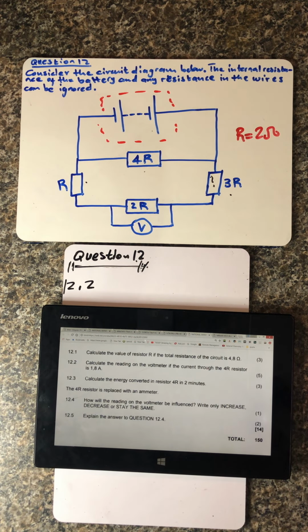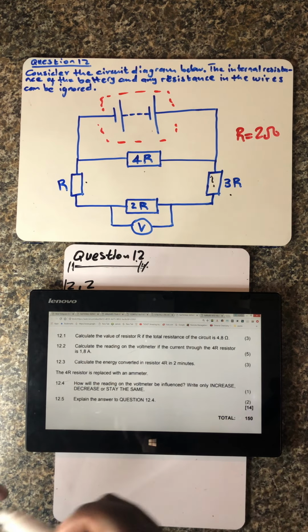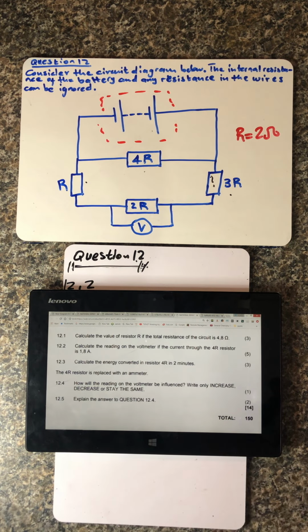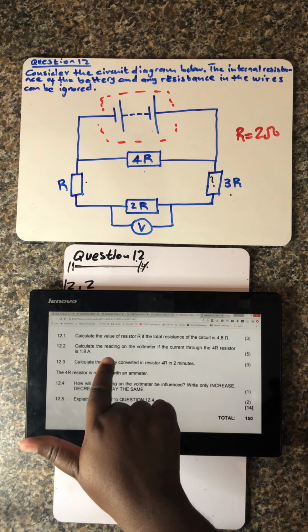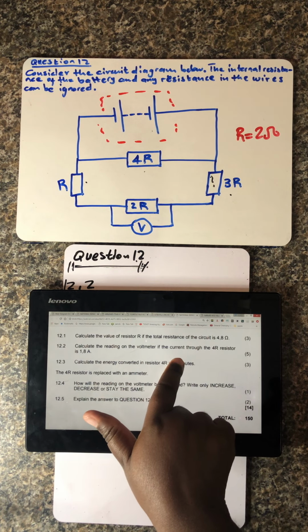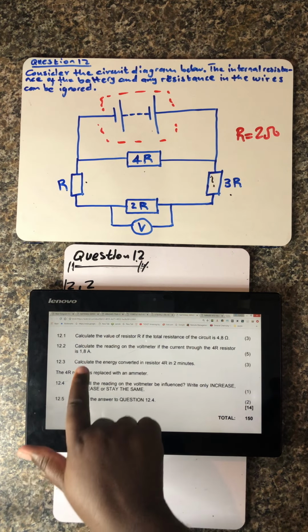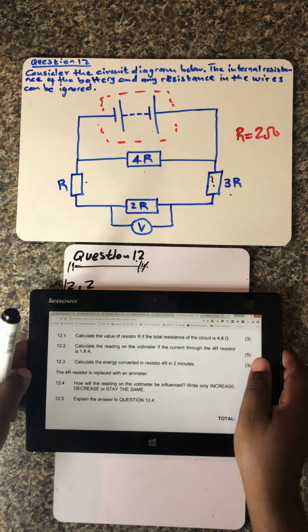And this question is allocated 5 marks. Guys, this involves a lot of thinking, and most importantly, you should be confident with what you'll be doing. They say calculate the reading on the voltmeter if the current through the 4R resistor is 1.8 amperes.